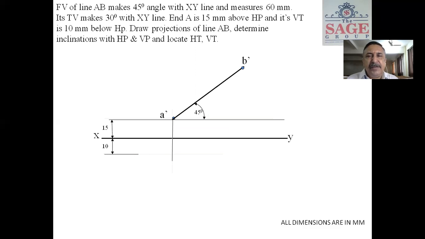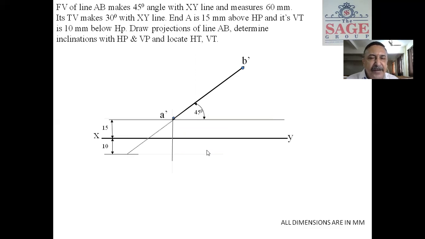Now we draw the locus of VT. VT is 10 mm below HP, so 10 mm below, we draw a locus. We know that VT is a point on the extension of the front view.